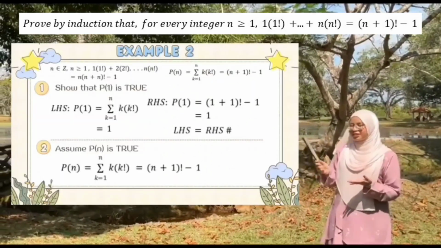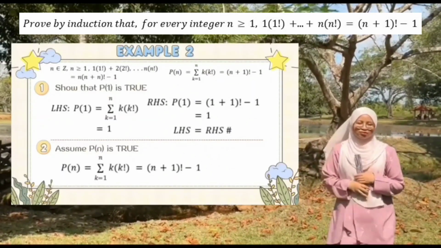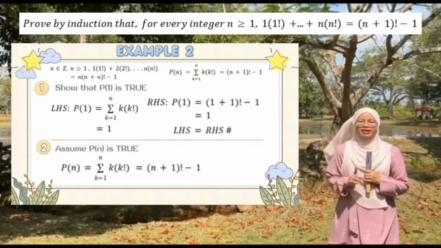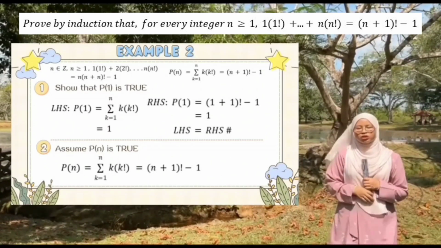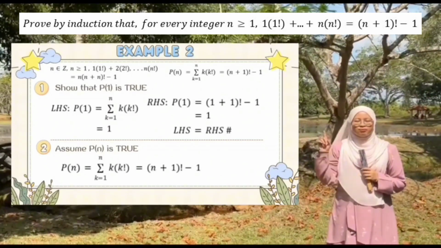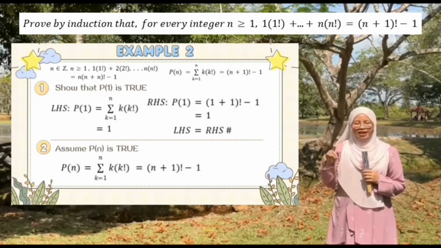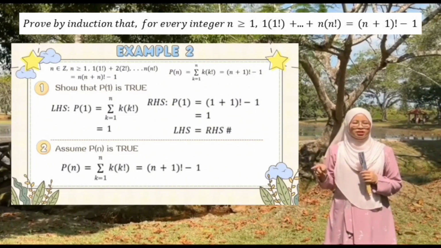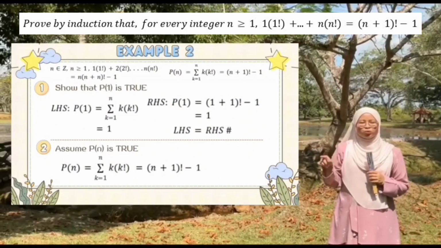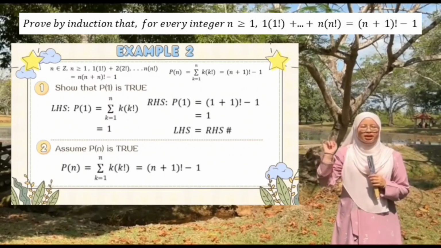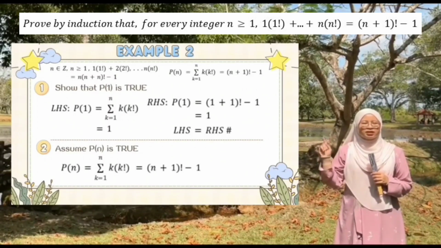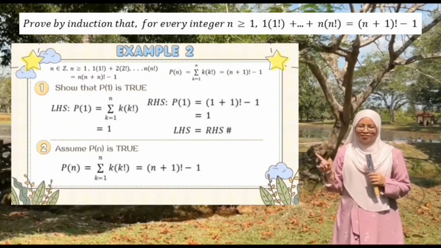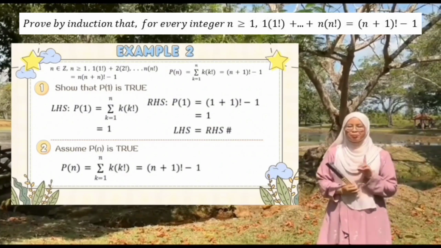For the second question, the information that we can extract from this question is n is an integer, where n is bigger than or equal to 1. The Pn is the sum of k times k factorial, where k starts with 1, is equal to, in bracket, n plus 1 factorial minus 1. The first step, show that P1 is true.